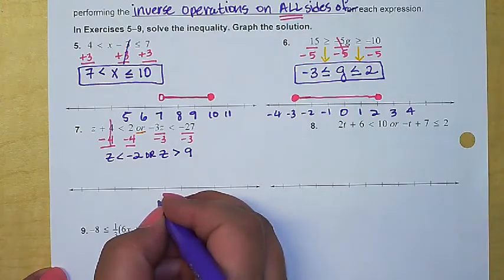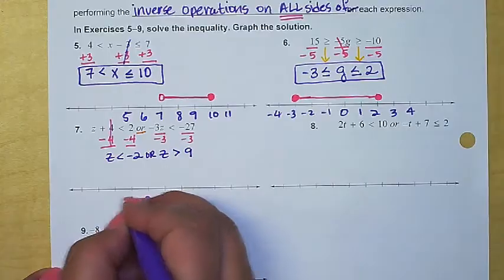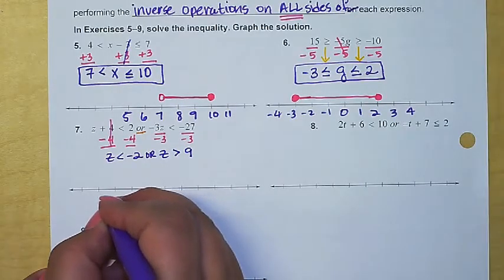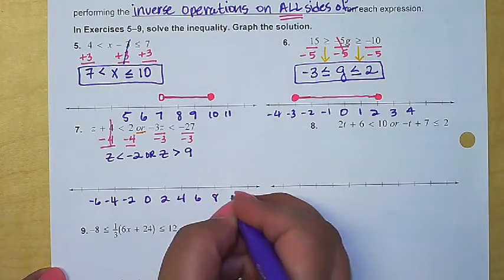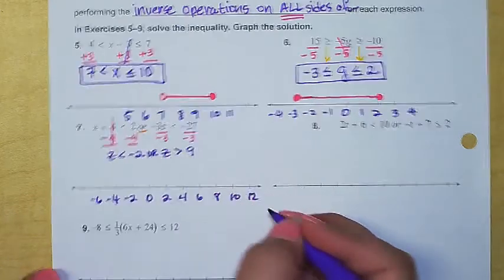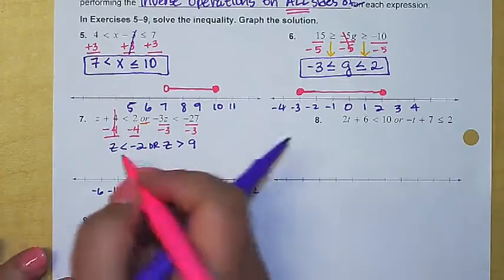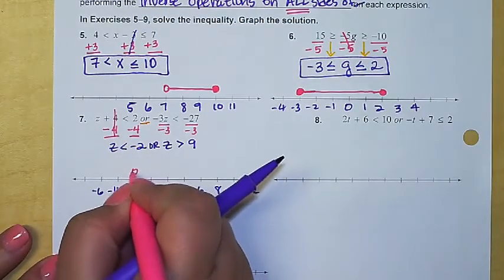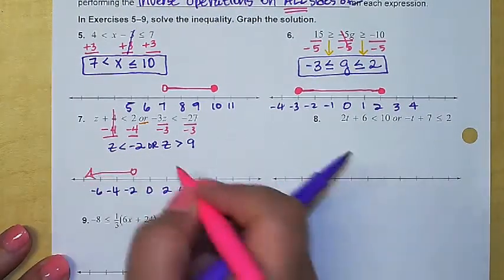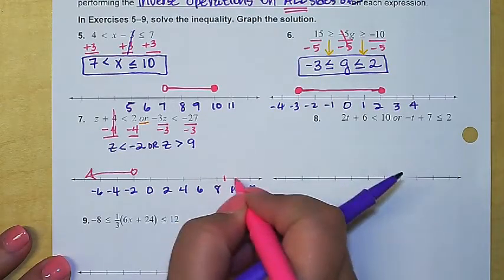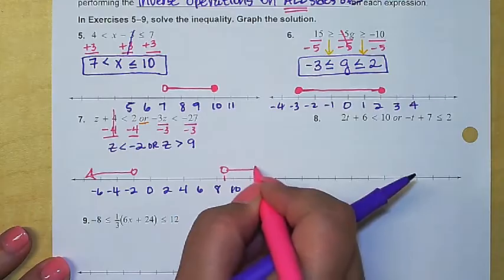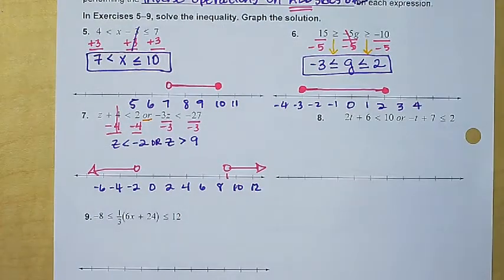And just for the sake of space, I'm going to go ahead and go by 2's here. Okay, and so I want all the z's that are less than -2, so open circle and to the left, or anything that is greater than 9, so 9 would be right in here, greater than 9. That would be our graph, and that's all we would have to worry about. Okay.